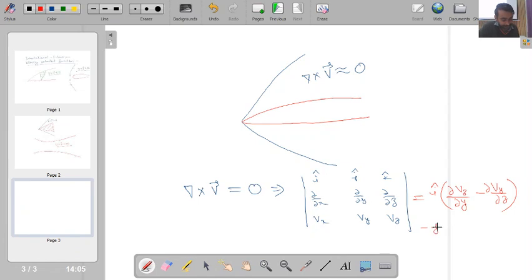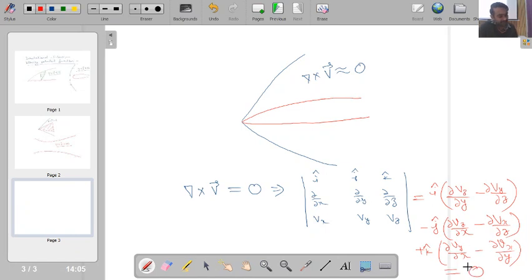Minus j cap into del Vz by del x minus del Vx by del z, plus k cap times del Vy by del x minus del Vx by del y, and this entire expression has to be equal to 0. Okay, for an irrotational flow situation.